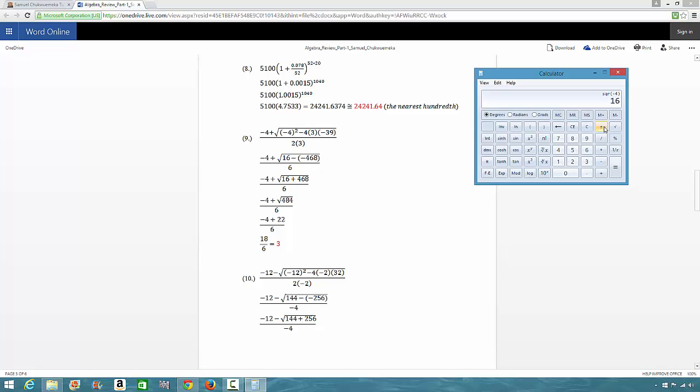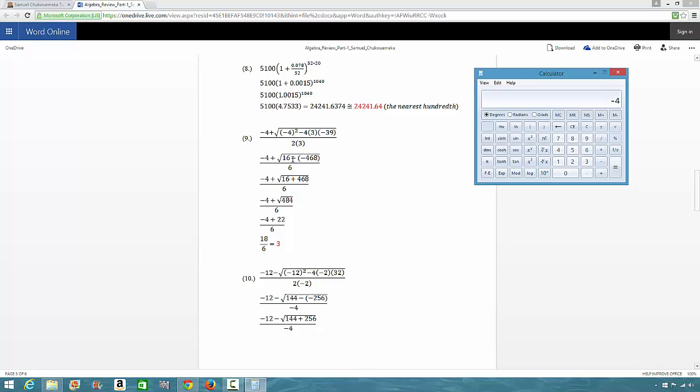Some have it as plus minus. And in some calculators, you have to press this first before you press the number. Remember, in this calculator, I have to press 4 before I press plus minus to get my negative 4. Some calculators, you will have to press plus minus first before you press 4. So it all depends on your calculator. So negative 4 all squared is 16.